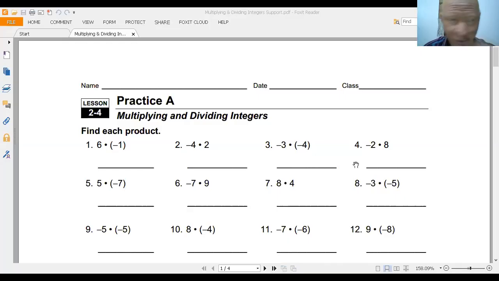I want everybody to write this as assignment. So this is our assignment. We are going to be trying this.